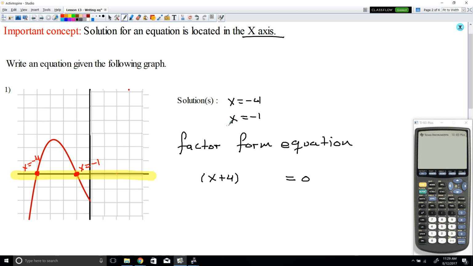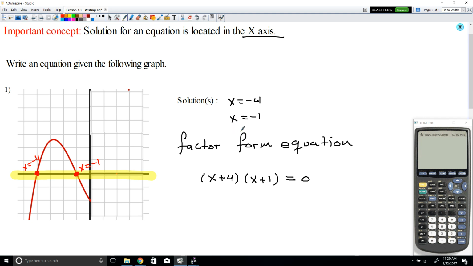Now, we can do the same for the other solution. If we have just one solution, then this will be our equation. But because we have two solutions, we have to do the same for the other solution. If my solution is -1, then I write x plus 1 equals 0. If I solve for this, I will see that x equals -1.